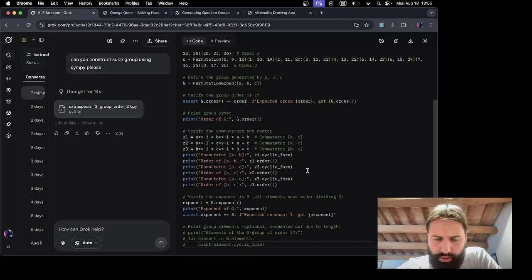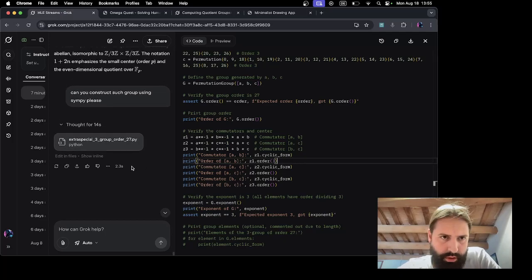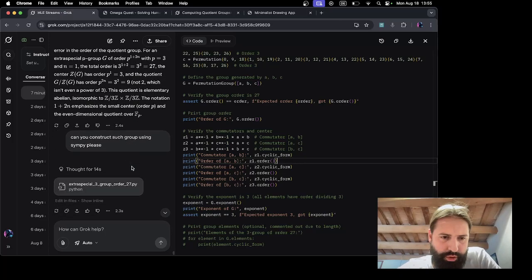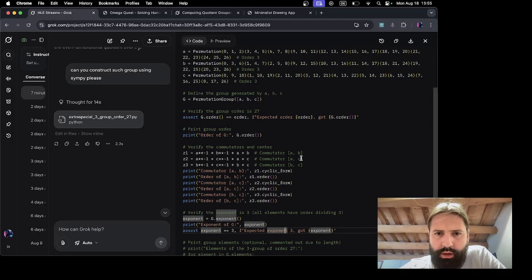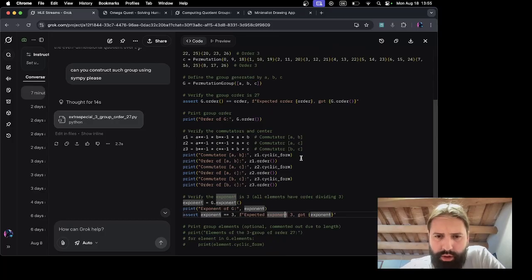Cool. So, okay, I have that file here. Now what? Print the group order.